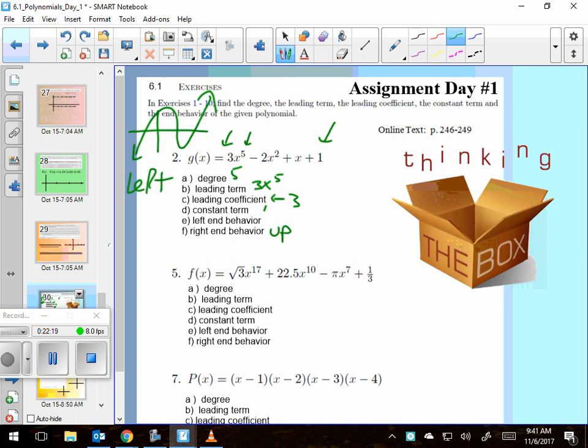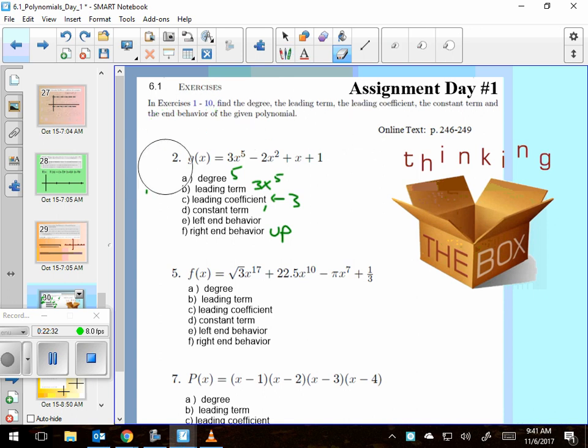Then the left end is either going to be the same or different than that. Do you get what I'm saying? Now that I know the right end's got to be going up because this is positive, then that tells me, it's an odd one. Odd means different, and therefore it's going to be a different behavior than up, and therefore down.